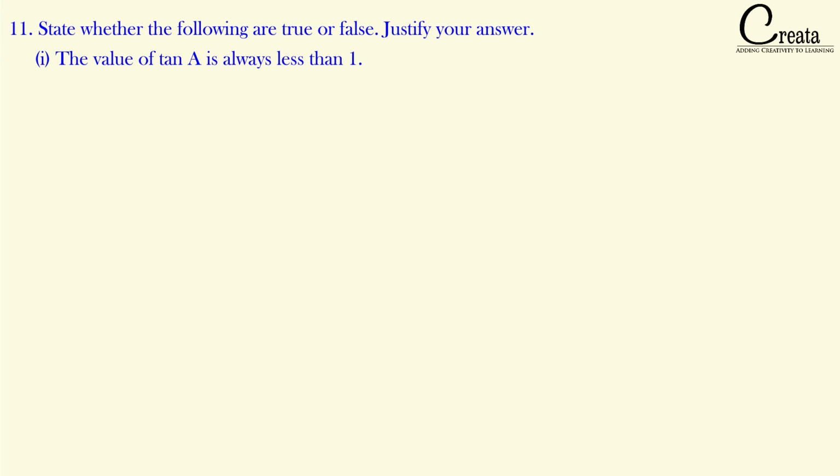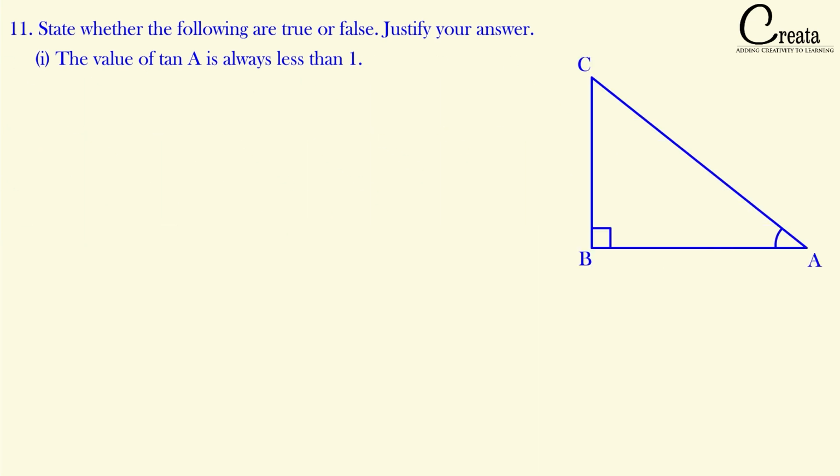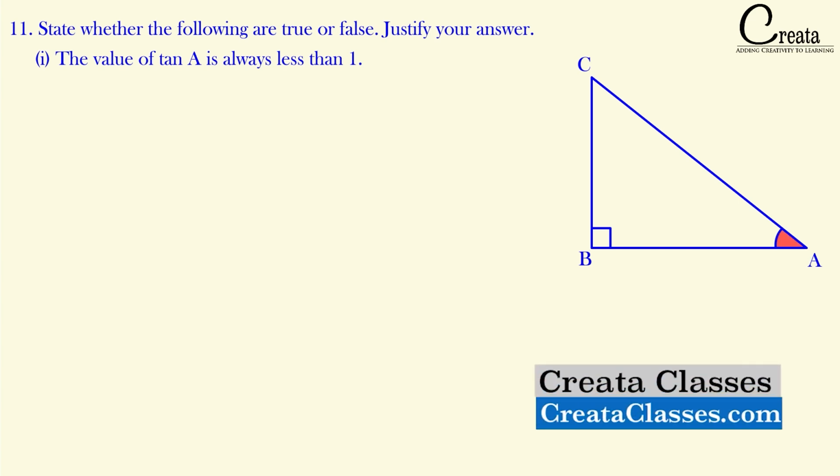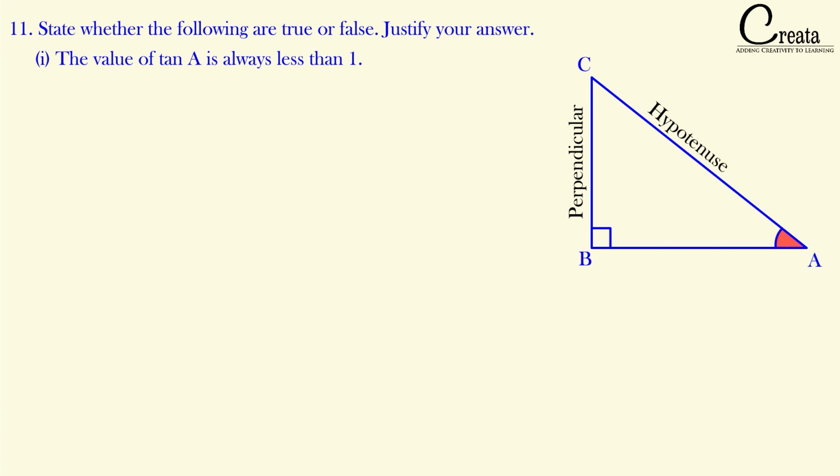Let's take our usual triangle, triangle ABC, which is right angled at angle B. Here angle A is the trigonometric angle. AC is the hypotenuse, BC is the perpendicular, and AB is the base with respect to the trigonometric angle, angle A. Further, we know the formula of tan as perpendicular over base, that is tan A is equal to perpendicular over base.